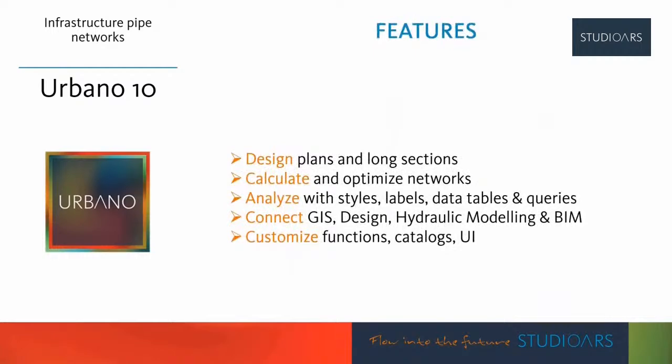Most importantly, Urbano software enables you to design plans and long sections, make flow and hydraulic calculations, analyze and optimize networks, make data queries and custom data selections, connect GIS, CAD design, hydraulic modeling, and BIM into one workflow, and customize most functions, the equipment catalogs, and even the user interface.